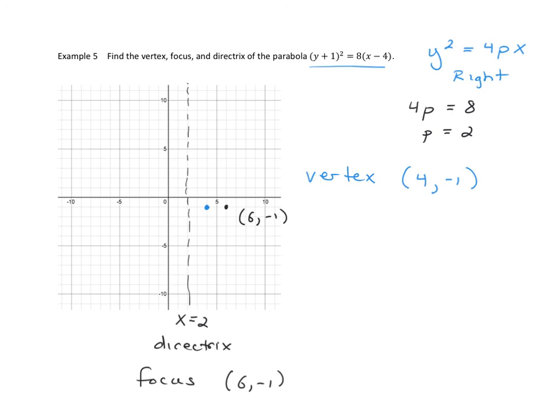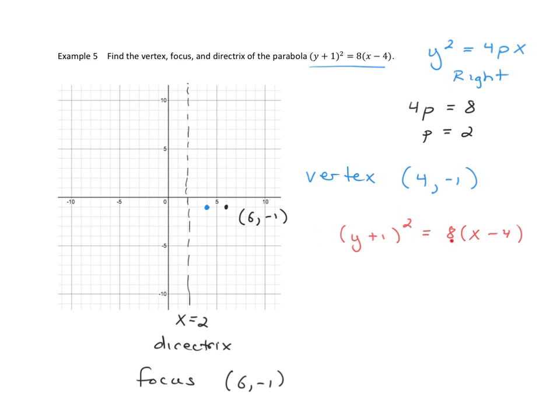So how would I figure out another point on the graph of this parabola? I'm going to jot down the equation again. The equation was y plus 1 squared is equal to 8 times x minus 4. We just need some x and y coordinate that make this a true statement. I think what I'll do is put a number in place of y so that this entire side is divisible by 8.